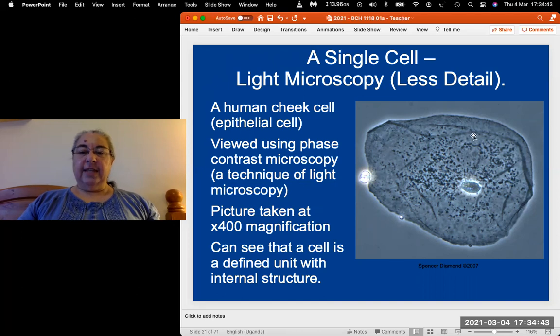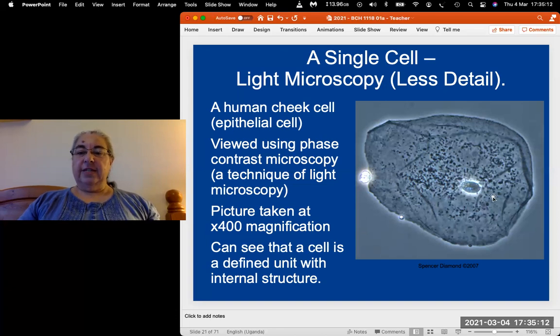So the cell is magnified about 400 times. Just looking at this picture, you can see that the cell is a defined unit. It's got a boundary around the cell, and you can see there's a distinct difference between the inside of the cell and the outside of the cell.